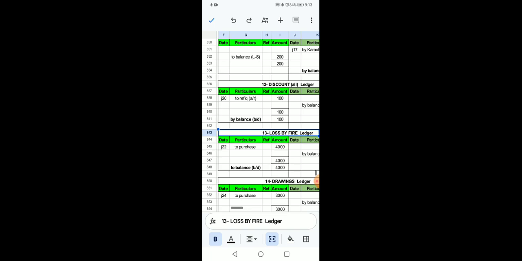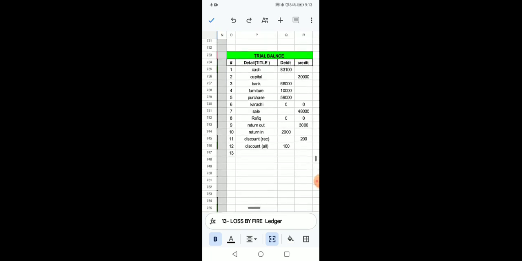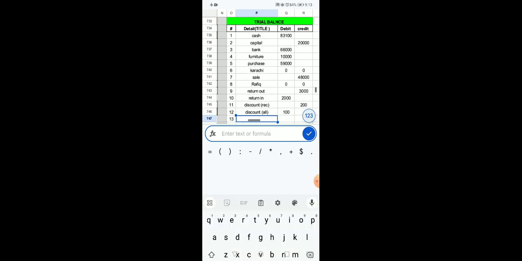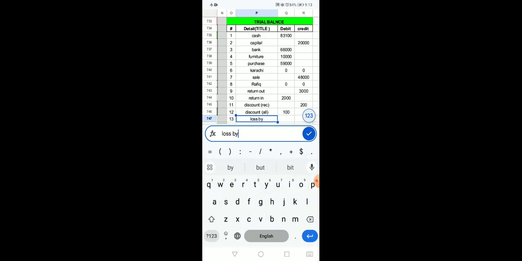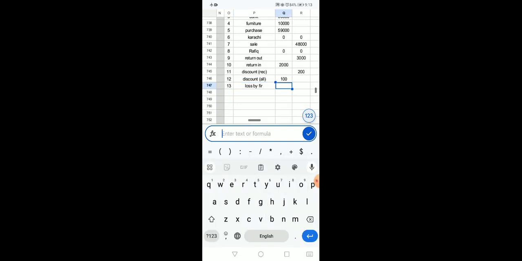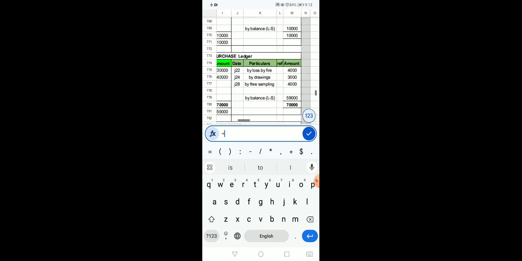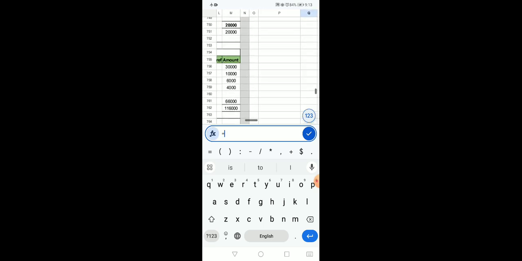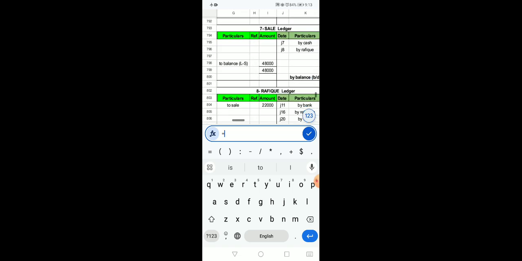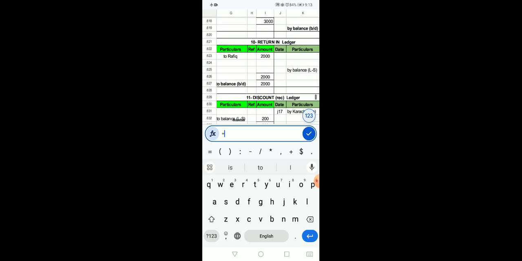Here is your 13th ledger, loss by fire. You will go to the trial balance and write loss by fire as the title. Now go to the ledger and see what the number of this ledger was, 13. You will see its balance.